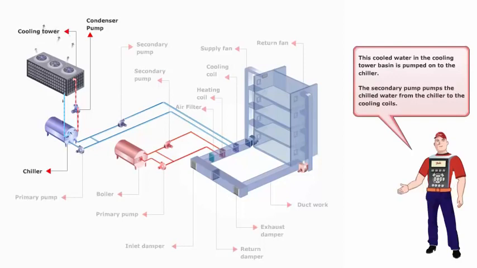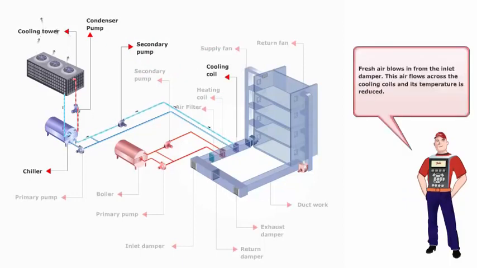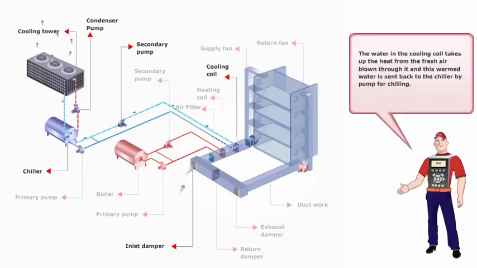The secondary pump pumps the chilled water from the chiller to the cooling coils. Fresh air blows in from the inlet damper. This air flows across the cooling coils and its temperature is reduced. The water in the cooling coil takes up the heat from the fresh air blown through it, and this warmed water is sent back to the chiller by pump for chilling.